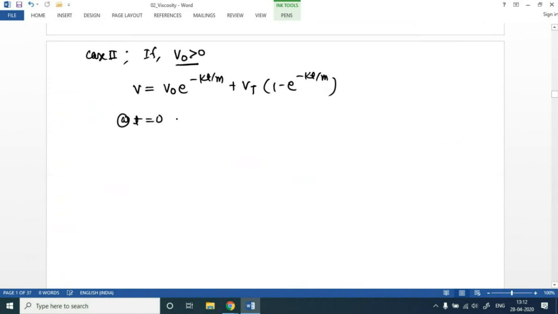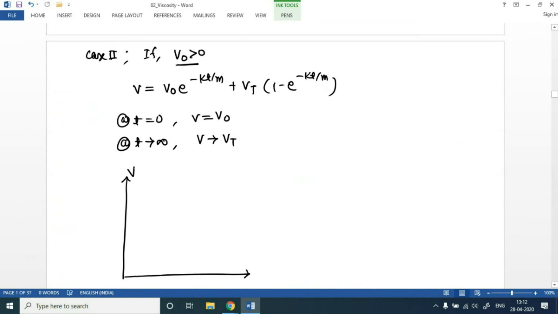At t equal to 0, v is simply equal to v naught, and at t tending to infinity, v is tending to vt. The graph of v versus t will look like this. This would be the saturation value, which is obviously the terminal velocity, and now this v naught we can divide into two further special cases.